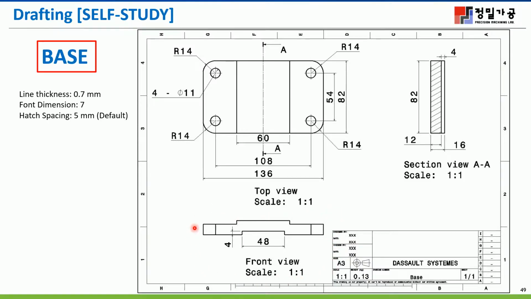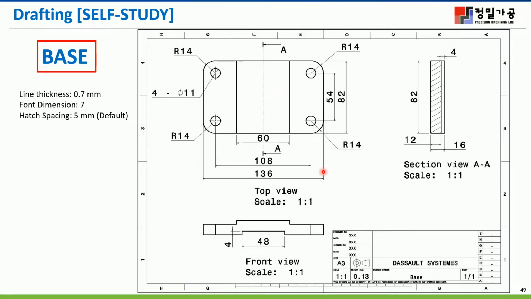We make a view for front view, something like this view, and create a dimension for your part. And you want to tell to everybody, and maybe in workshop and in the factory you want to make this kind of part, so you need to tell to everybody your dimension of your part.